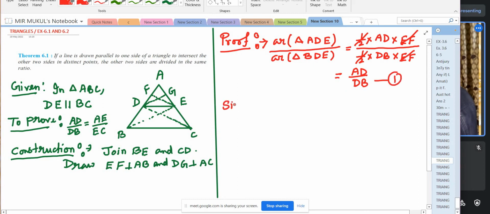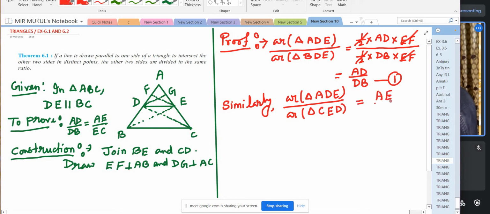Then we can write similarly, area of triangle ADE divided by area of triangle CED will be AE upon EC.